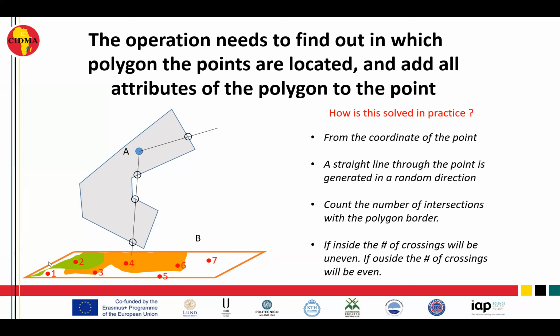So how does the GIS program actually solve this? We could think this is very simple, but it's quite advanced actually. And this is the same when you click somewhere in the map in order to get the identity tool and see what feature are actually there.